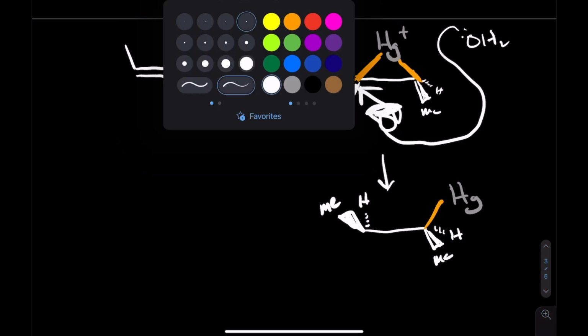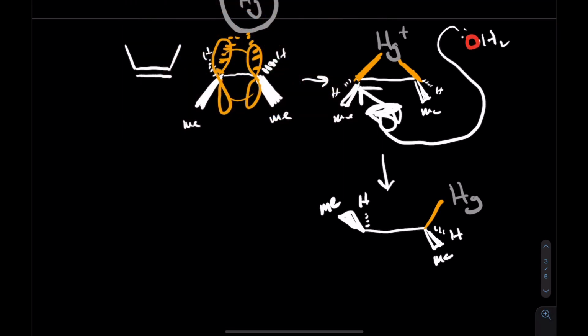And let's give this water a different color, just so we're clear. That water is going to come right, and that water is going to come down from here. All right, and so that's where your alcohol is going to add.